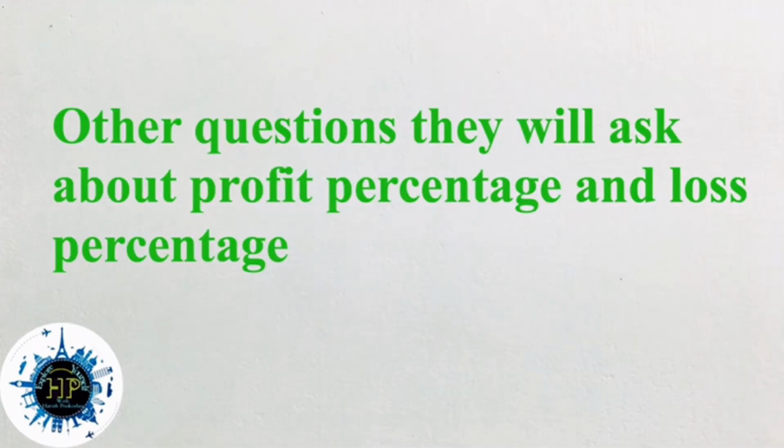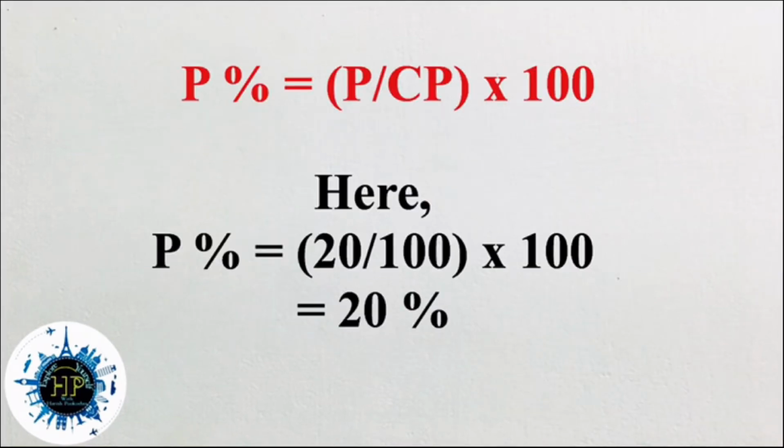One more thing, in other questions they will ask about profit percentage and loss percentage. There are some equations to find that. Profit percentage is equal to profit divided by cost price into 100. That is the equation for profit percentage. So here 20 by 100 into 100, that is 20%. 20% is the profit percentage.